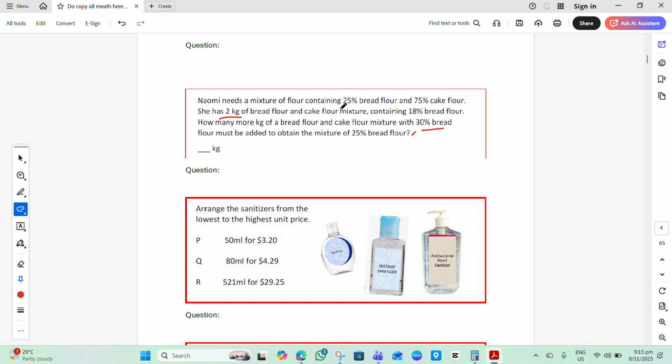So we compare the mixer containing 18% and containing 25%. 25% and 18% we compare, it is 7%. We subtract 30 and 25, which is 5. So 5 and 7. We are asking for 2 kg here, right? So multiply with the 2 kg is 14. So 14 divided by 5.